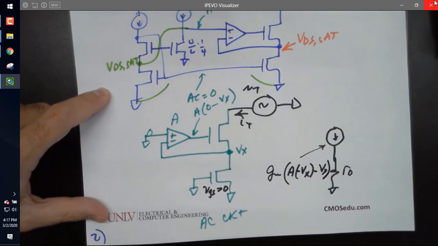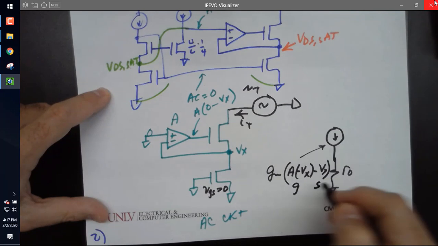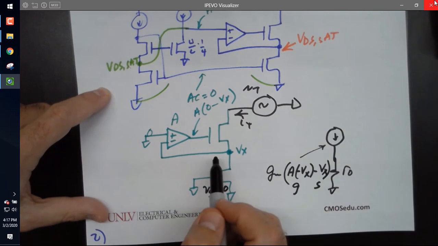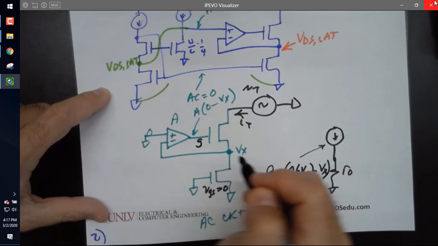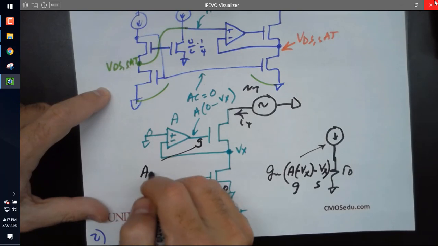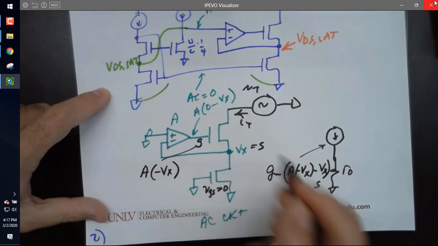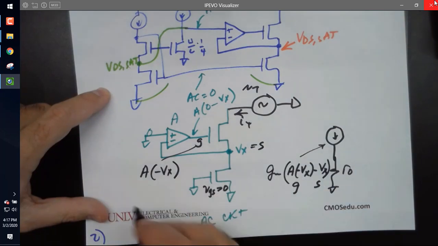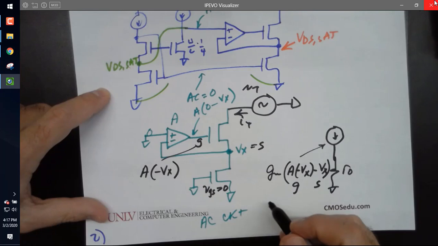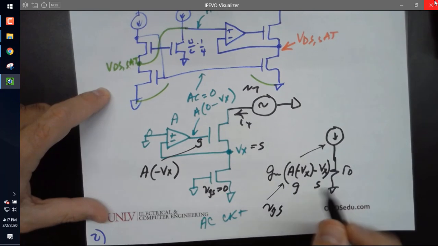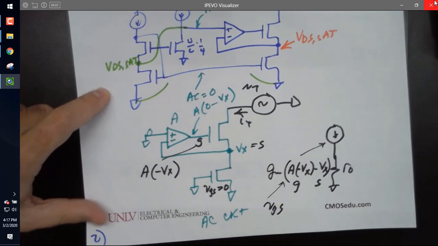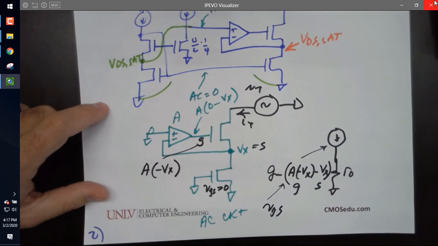Vx. So this is the gate, this is the source. The gate is A times minus Vx, the source is Vx. So VGS is A minus Vx minus Vx.